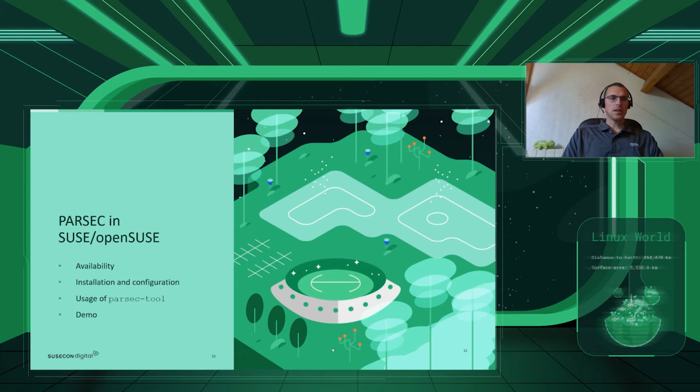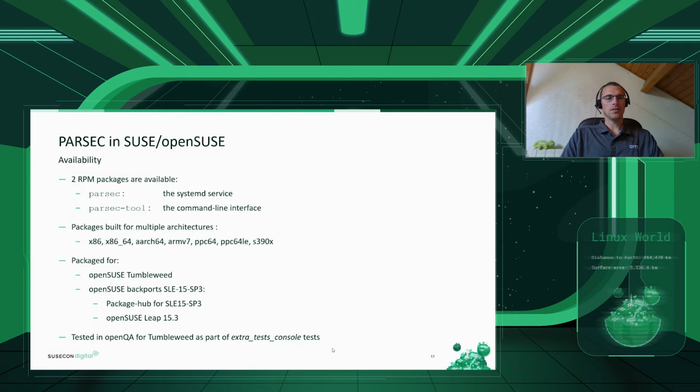Now we can have a look at Parsec in the SUSE and OpenSUSE world. We will start with the availability. So we currently have 2 RPM packages available. You have Parsec, the systemd service, and parsec-tool, which is a command line interface.